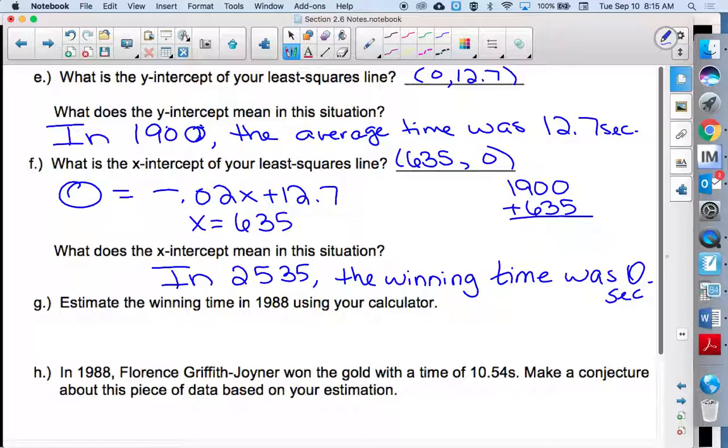Letter G says estimate the winning time in 1988. So 1988 would be the 88th year from 1900. So estimate what the winning time would be in 1988.